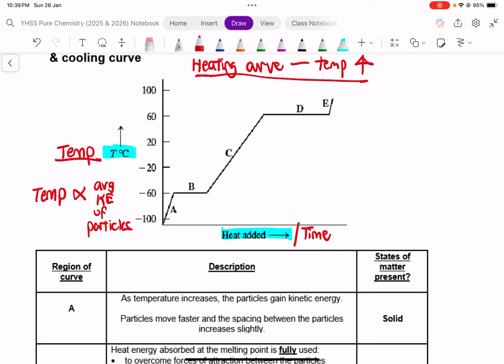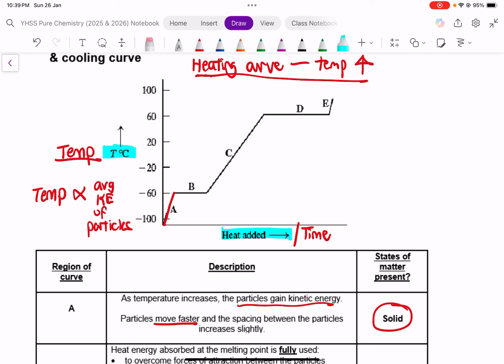So you can see in region A, the temperature goes up. This means that the particles will have higher kinetic energy, and therefore, the particles will move faster. As the particles move faster, the spacing between the particles will increase slightly. Okay, and that's region A, as the solid is being heated up.